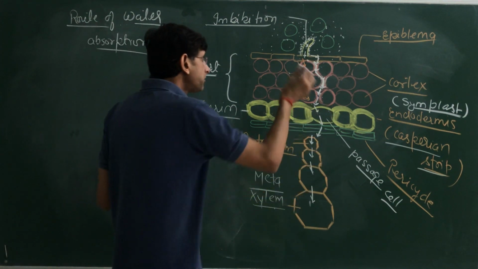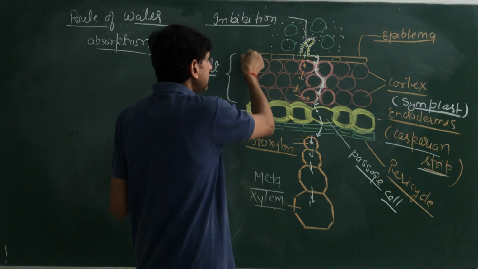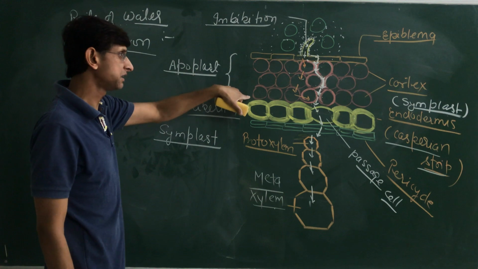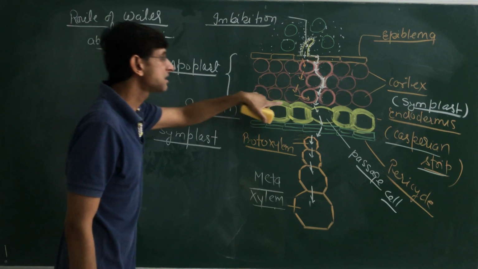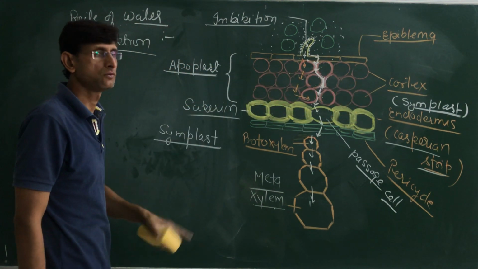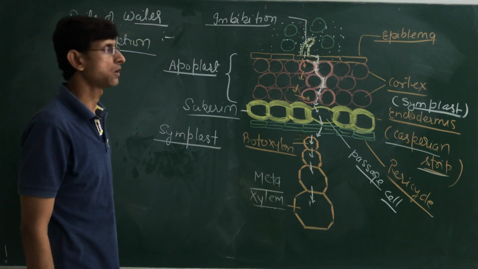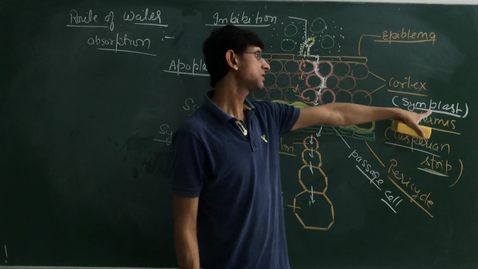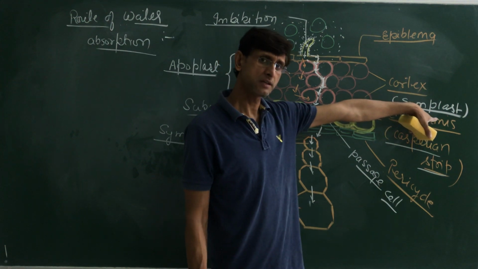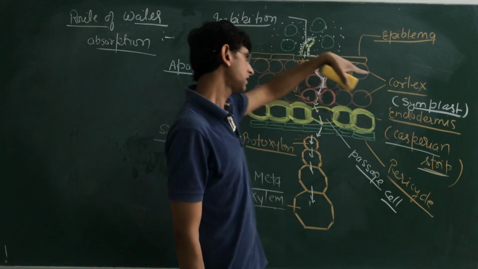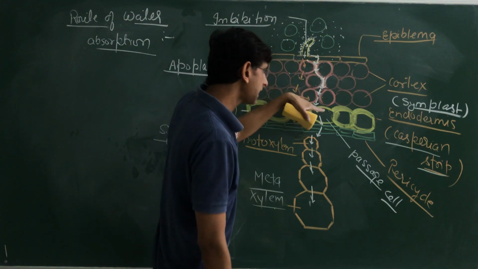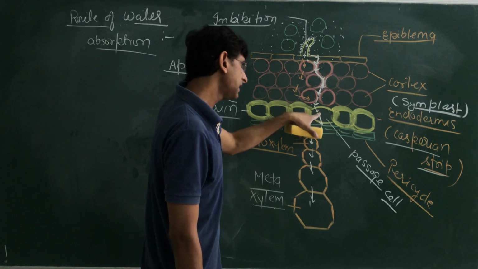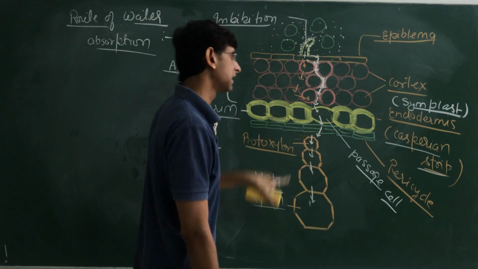So the apoplastic pathway is followed in the complete cortex, but in the endodermis only the symplastic pathway can help the water to move across. So always keep in mind, in the endodermis water assumes which pathway? It is symplastic. So water essentially enters into the cytoplasm of the passage cell and then it crosses the membrane again.